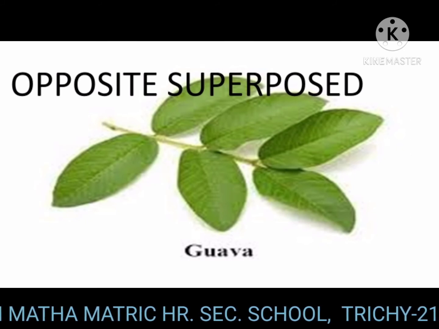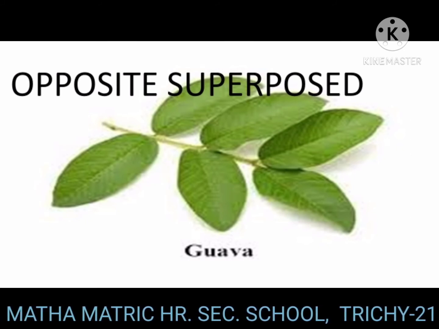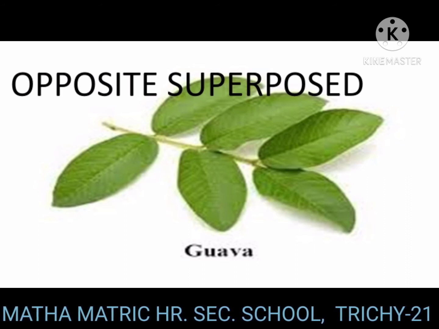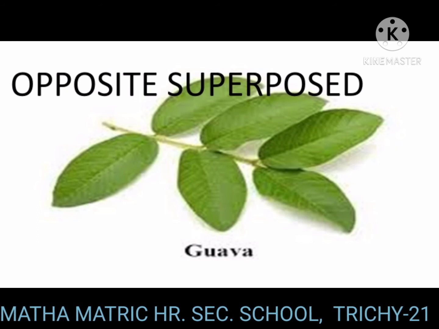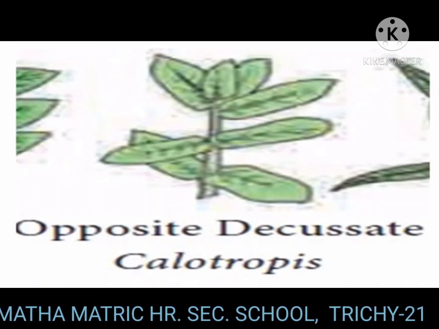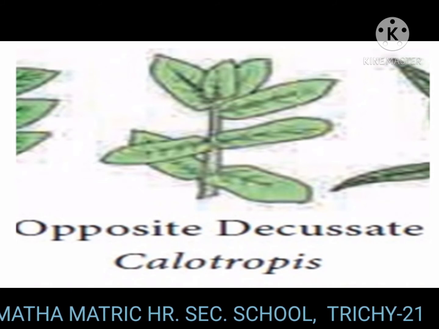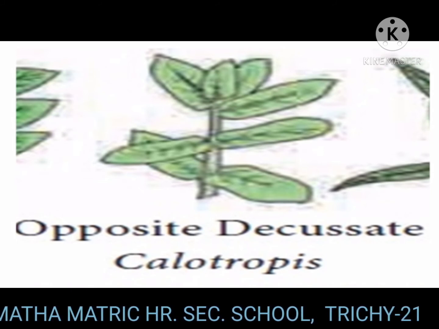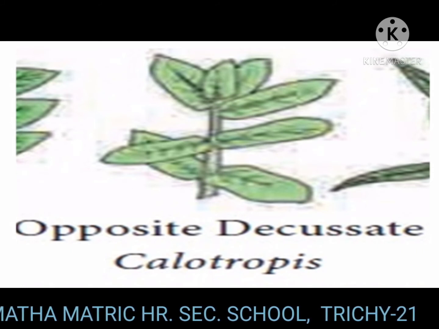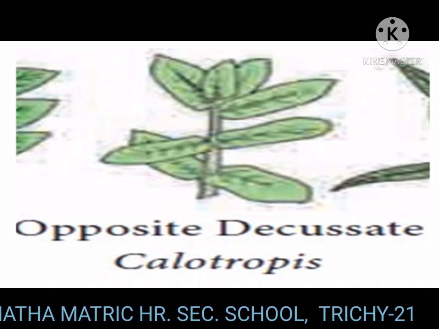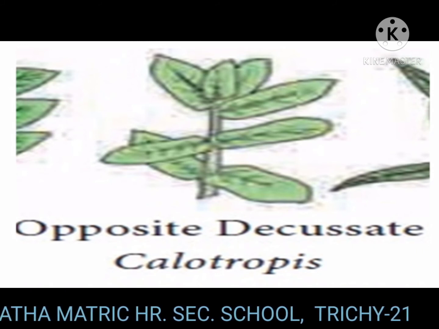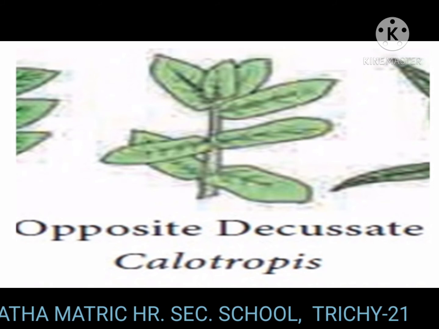That is, two opposite leaves at a node lie exactly above those at the lower node. Example, guava. Opposite decussate. In this type of PHYLLOTAXY, one pair of leaves is placed at right angle to the next upper or lower pair of leaves. Example, Calotropis.